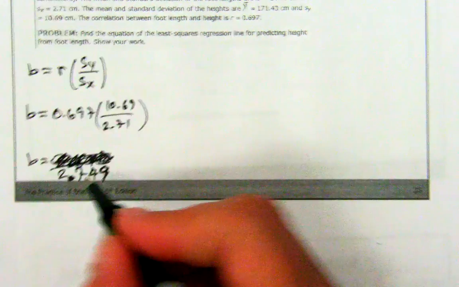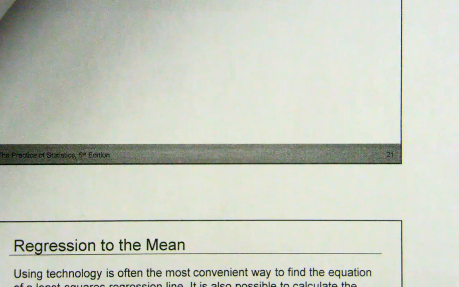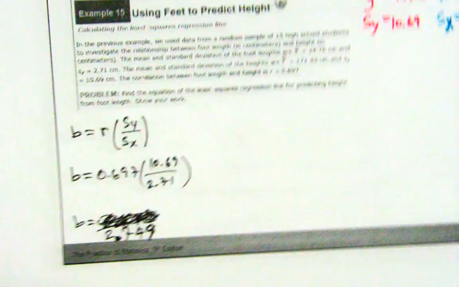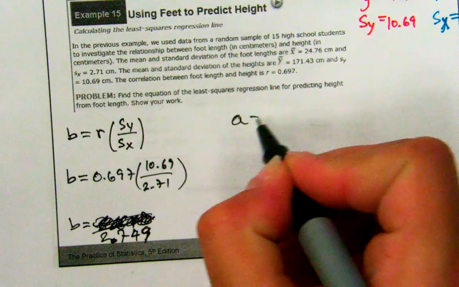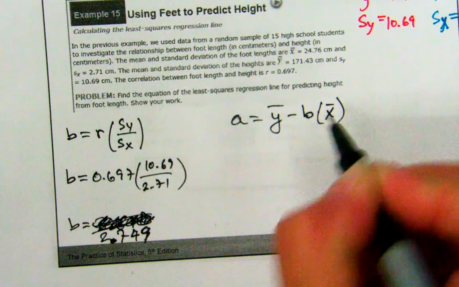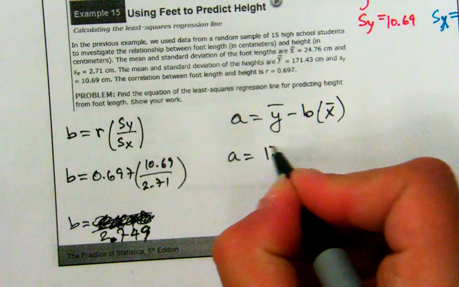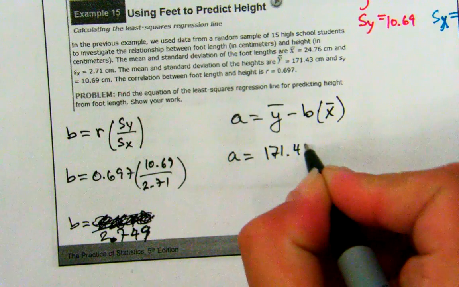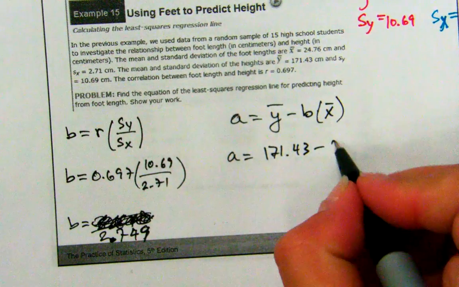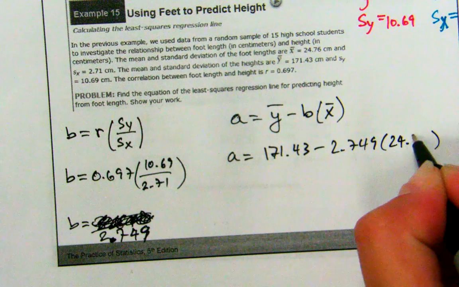Okay, that's B. And then your value for A is going to be y bar minus B times x bar. So the value for A is going to be y bar, 171.43, minus B, 2.749, times x bar of 24.76.